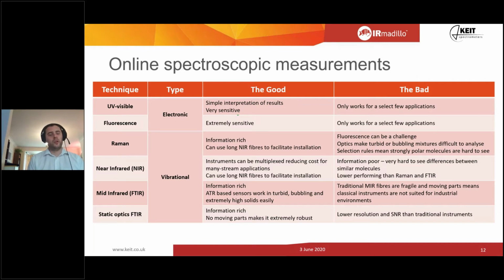Single bond saturated molecules don't tend to undergo those transitions. So for example, the vast majority of free fatty acids, certainly the saturated free fatty acids, would be very difficult to analyze with UV-Vis. The carbonyl peak in those might do something, but it's not going to be a trivial measurement to make. And then we have this grouping of vibrational measurements down here.